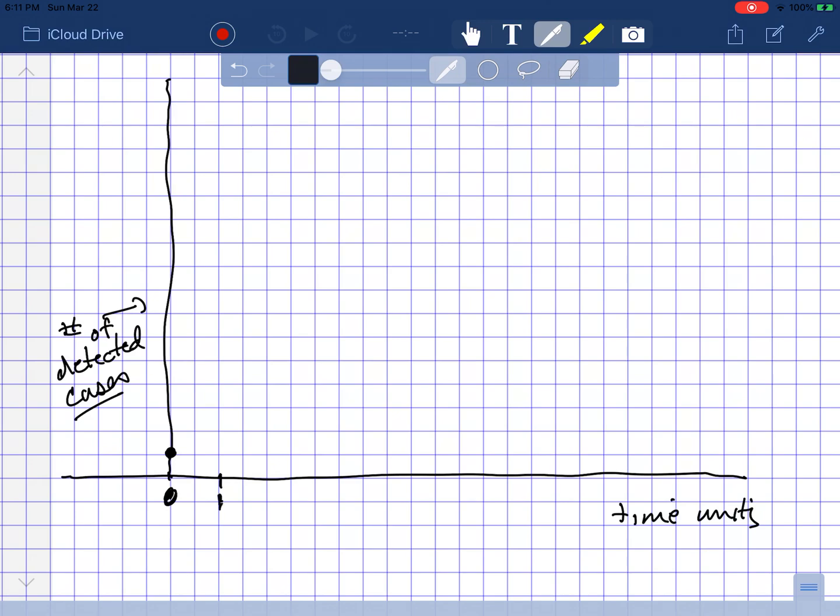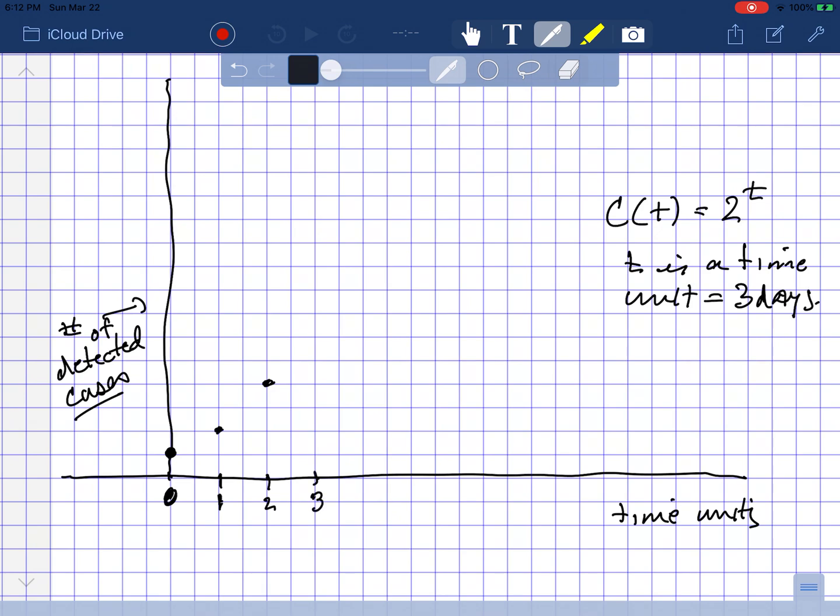And on the first time unit, there are 2. And on the second time unit, there were 4, because this function, let's call it c of t, is equal to 2 to the t power, where t is a time unit, which means that it's equal to 3 days.